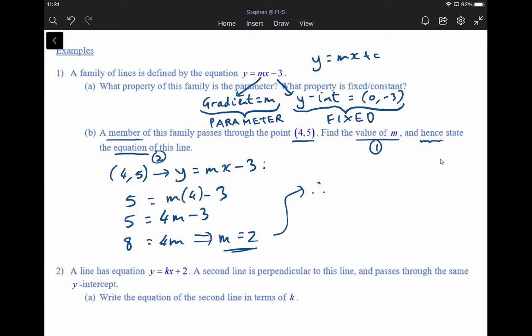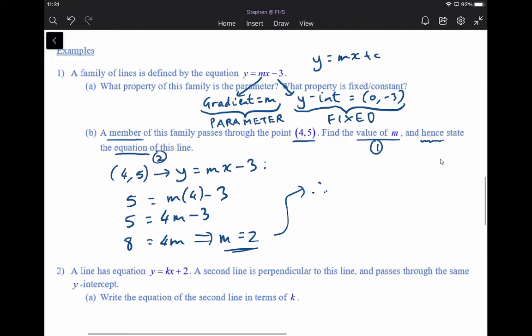Therefore, the equation of the family is y equals mx minus 3. However, we have found this specific member of the family has a gradient of 2. And that is why the equation of this particular member is y equals 2x minus 3.